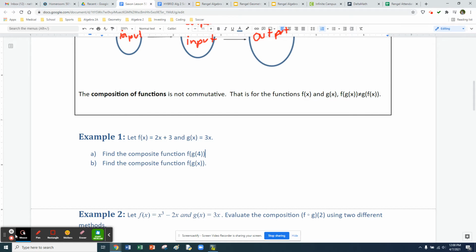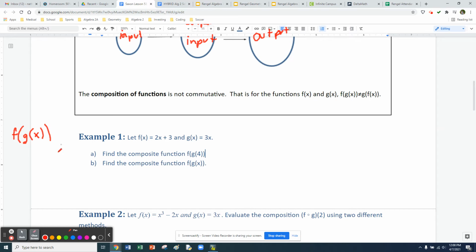So we are going to find a composition of functions 2 ways. We are going to input a value to find the composition, then we're also going to find a composition in terms of x. So first, just a couple other pieces of information. Composition of functions is written as f of g of x, and that x could also be a number.